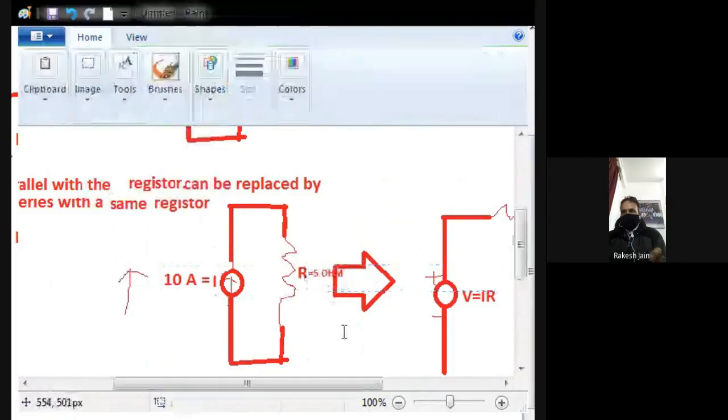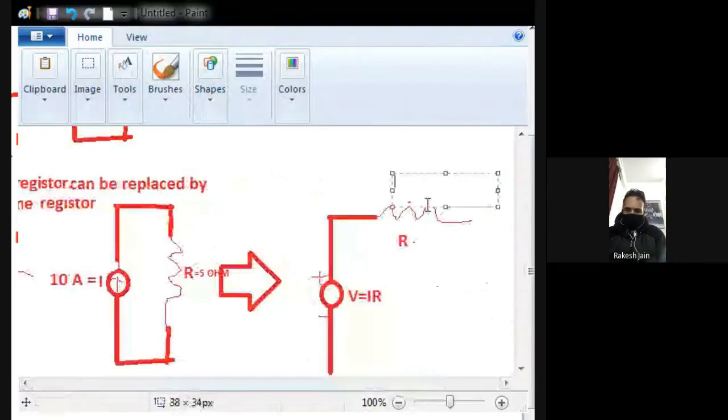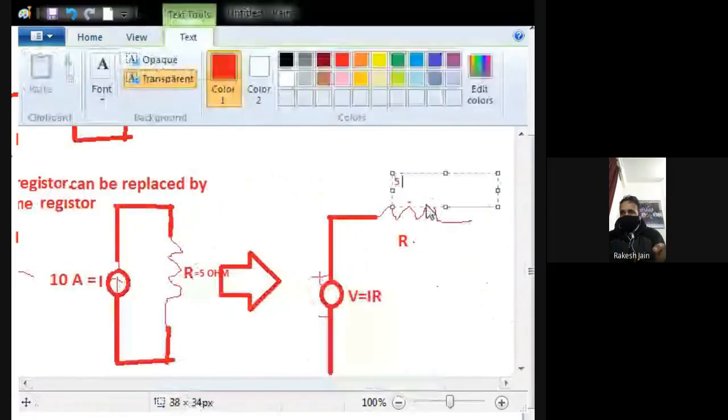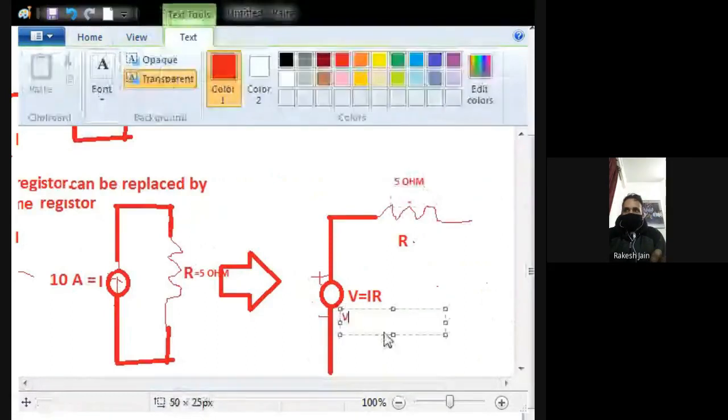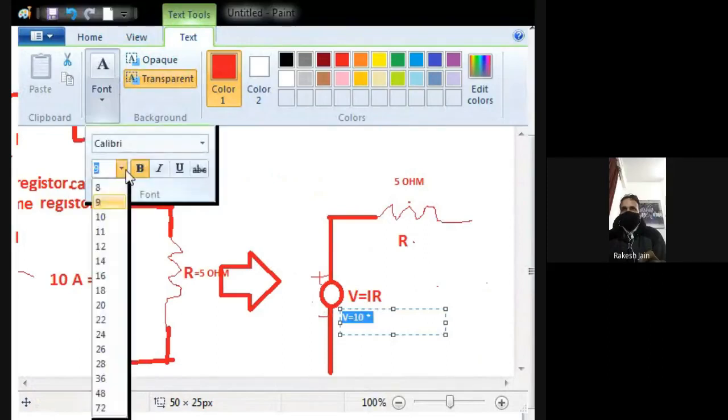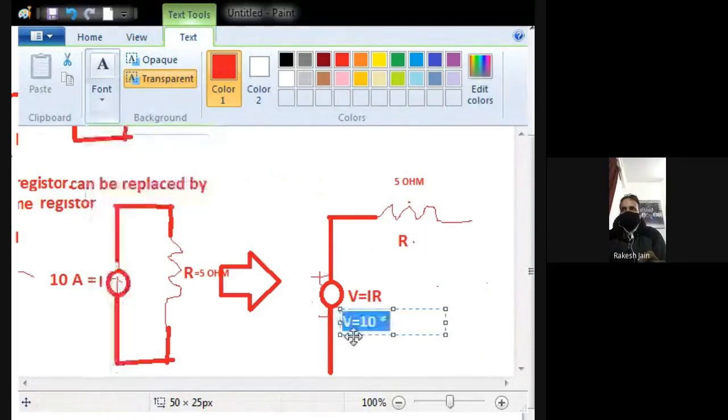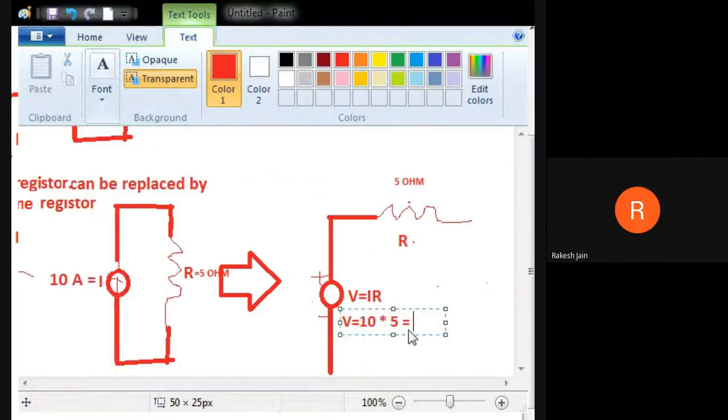We can replace it with the same resistance, 5 ohm, but the voltage source will be V is equal to IR. My I was 10, multiplied by R, which is 5 ohm, so that is equal to 50 volt.